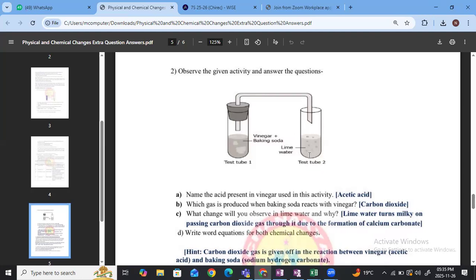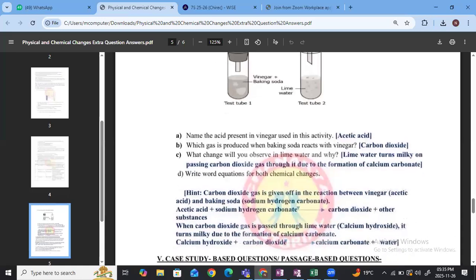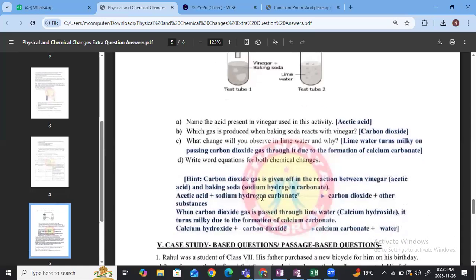Lime water will turn milky, ma'am. Milky, because when vinegar and baking soda react, it gives out carbon dioxide, and when carbon dioxide reacts with lime water, it turns milky. Yeah. Write the word equation for both the chemical changes. One is acetic acid plus sodium hydrogen carbonate.